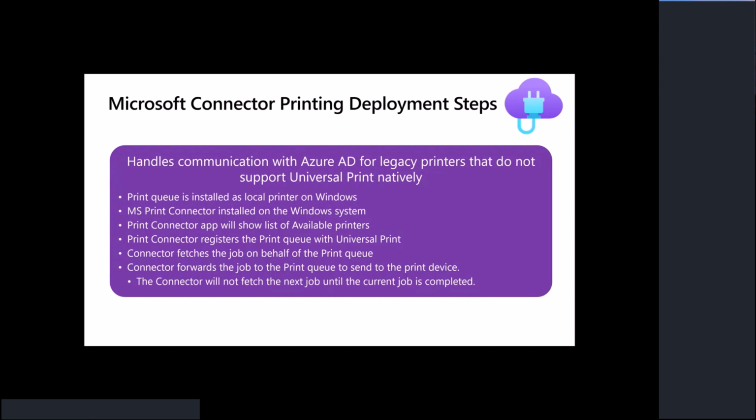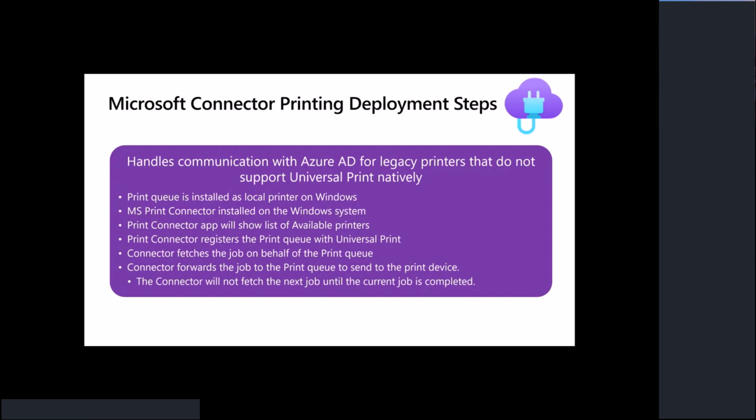You select the printer, you click register, it then registers the printer with Universal Print, and it sets up a notification channel for each printer that you have. And then when a print job comes in and it hits that queue, the notification channel is pinged, the connector is notified, then the connector goes up and pulls down the print job and then calls the local print driver and actually renders the print job.